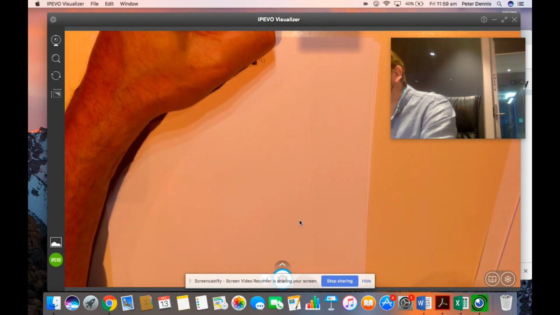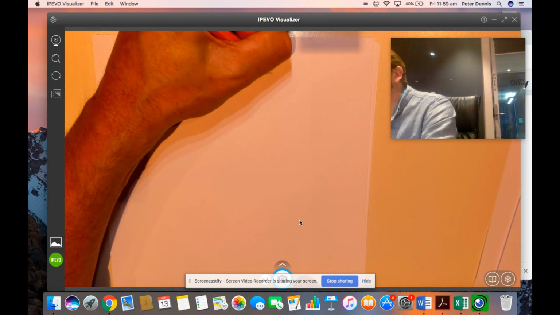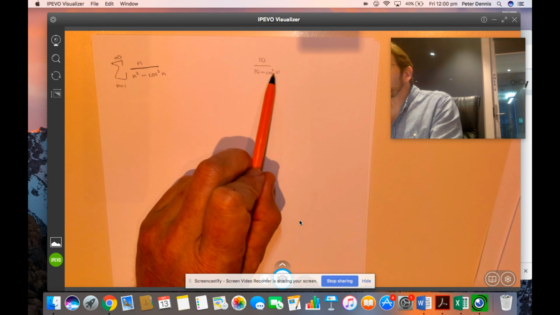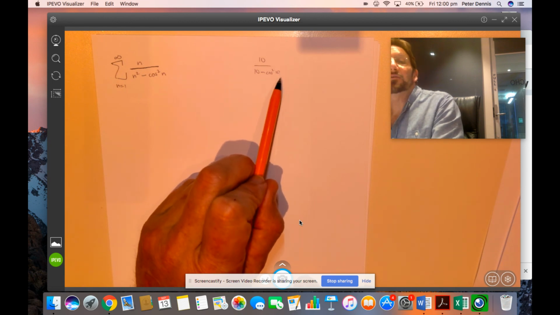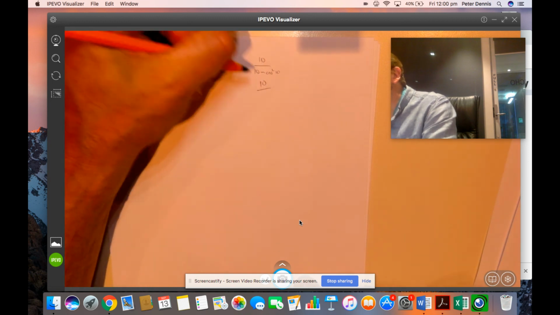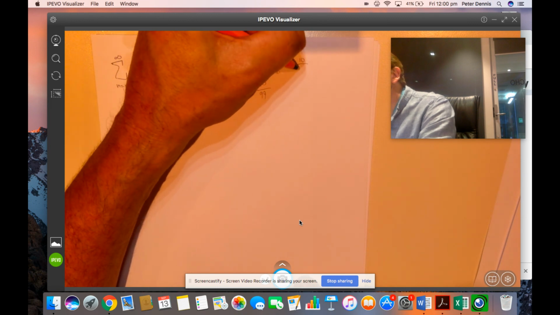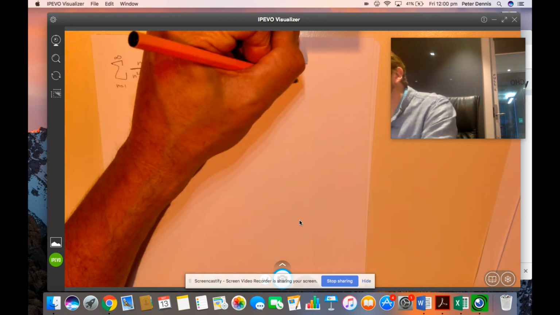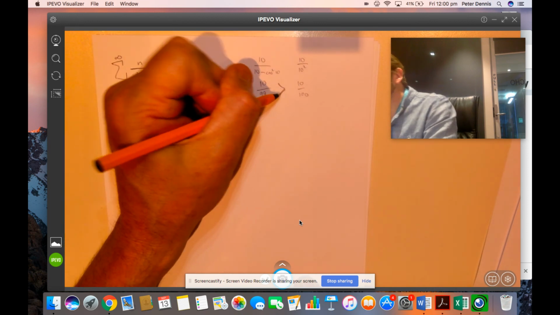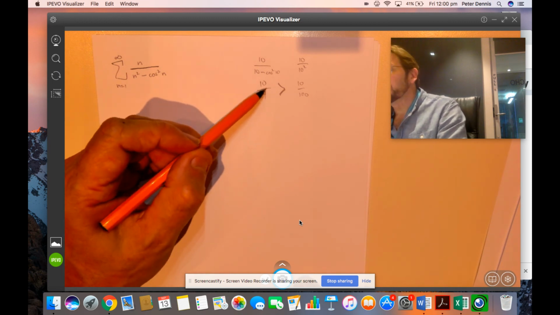If we've got 10 over 100 minus cos squared 10, I know that cos squared 10 is going to be a positive number being subtracted, so at best case we get 10 over 99. If we compare it to 10 over 10 squared, just 10 over 100, I actually know now that this is bigger, because we've got a smaller number on the bottom.